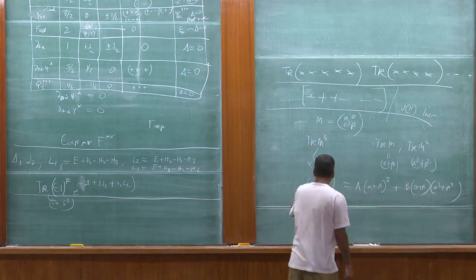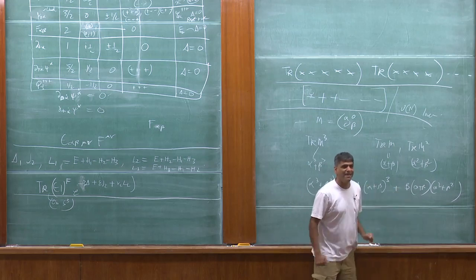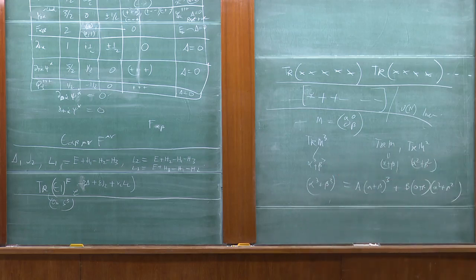Okay, these are called trace identities. For a single matrix, these trace identities are very easy. And it's a classic theorem of mathematics that if you've got an n-dimensional matrix, then the traces of M to the power n plus 1, n plus 2, and so on, can all be written as polynomials of the lower traces.